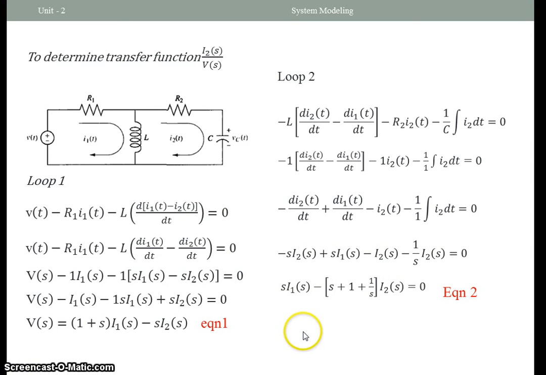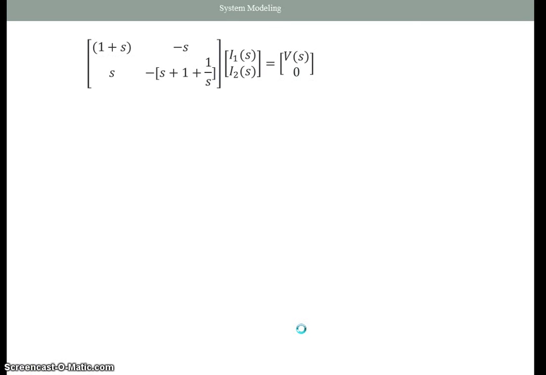Since we have two equations and two unknowns, we can solve them using different methods, but again we will be using determinants and Cramer's rule. We can have I1 of t as the output, or we can have I2 of t, or in this case I2 of S, because they are already in their Laplace transform. We can have this as our output, or I1 of S as the output.